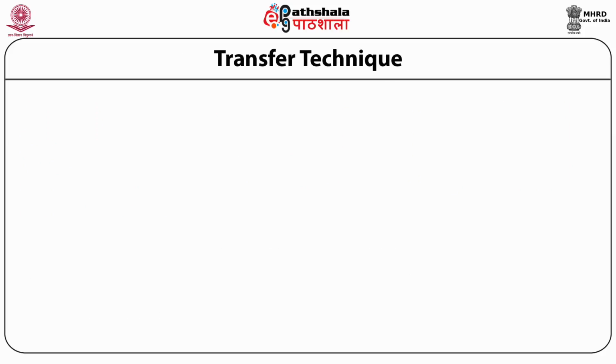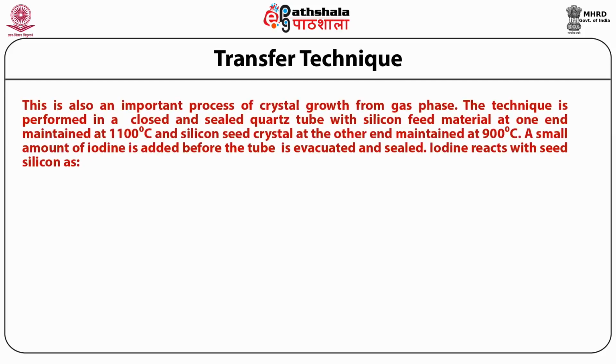Transfer technique. This is also an important process of crystal growth from gas phase. The technique is performed in a closed and sealed quartz tube with silicon feed material at one end maintained at 1100 degrees centigrade and silicon seed crystal at the other end maintained at 900 degrees centigrade.